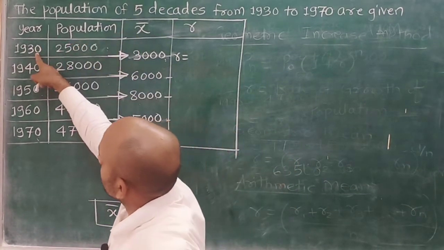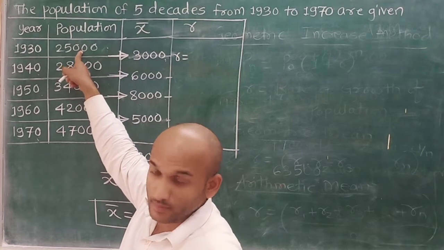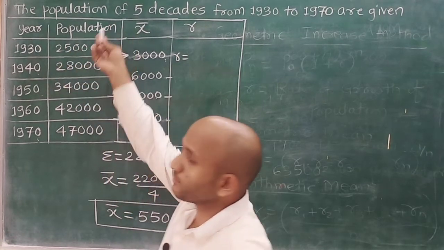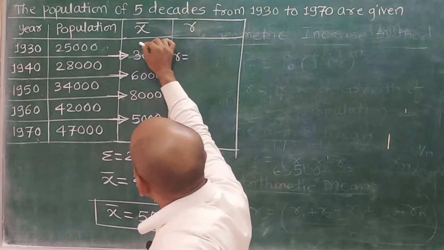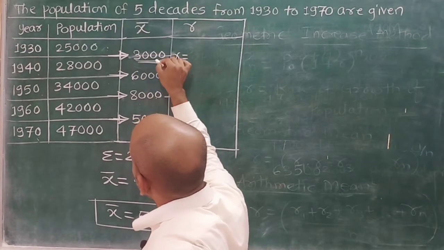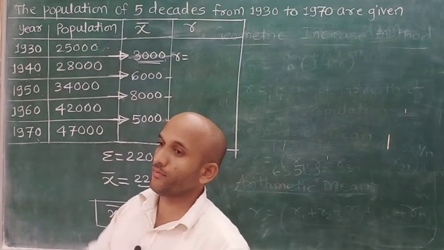In 1930 the population was 25,000. In 1940 the population becomes 28,000. So this much is the increase in population, 3000 over the population of 25,000.